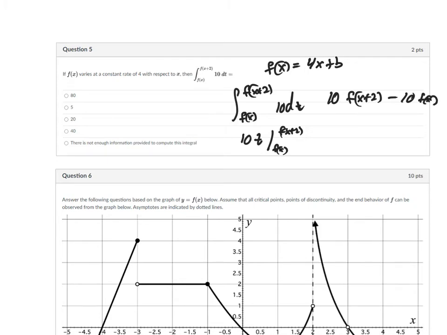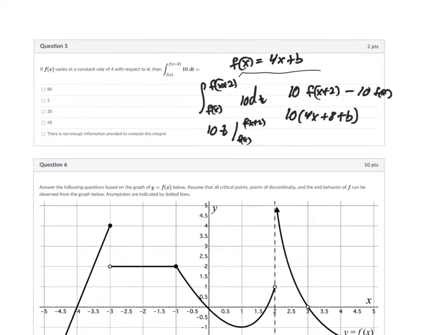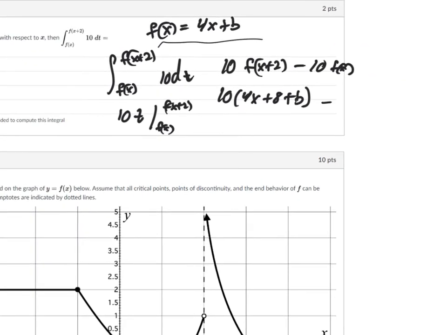So let's go ahead and take what we have for f of x. Even though we don't have everything, we can go ahead and plug it in. So this will be 10 times f of x plus 2, with the x plus 2 plugged in there. And so it'll be 10 times (4x plus 8 plus b), minus 10 times (4x plus b).